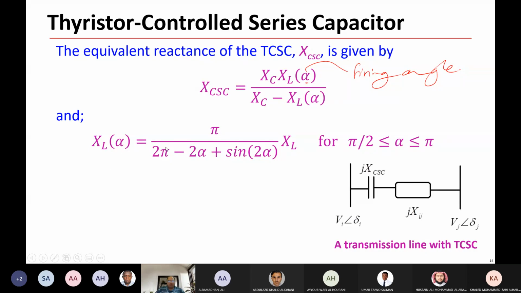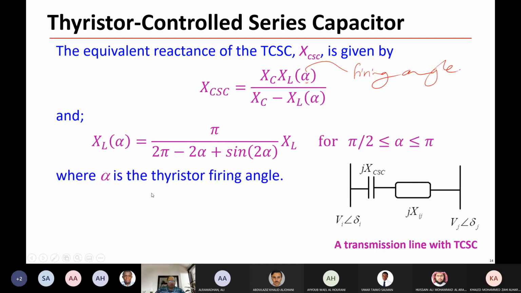Of course, if you go back to the sinusoidal waveform and the angle alpha, you will end up with XL of alpha equal to this value. So this is XL of the series capacitor, and then you can have alpha here, so you can control this value, and if you control this value, you can control the capacitor value that is injected here.